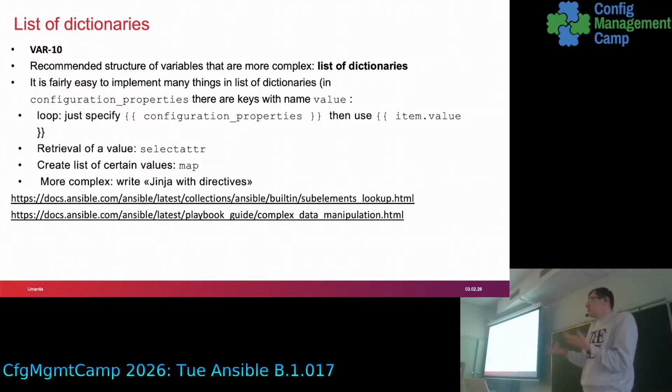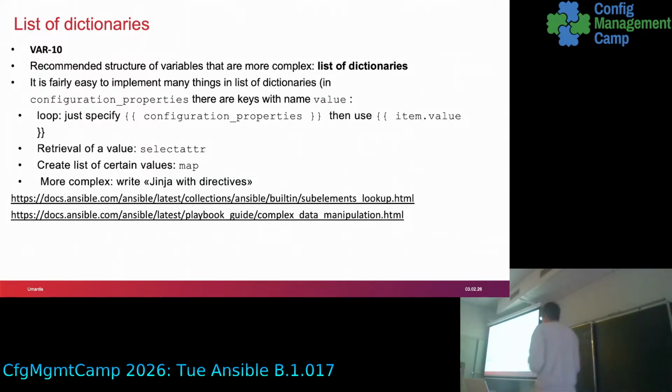And because of things like select attribute, I'm not sure that you will end up using reject attribute a lot, and map, you can do all sorts of things with that. So you forget maybe about dict to items as a byproduct of this approach, which might be nice. I have no idea.